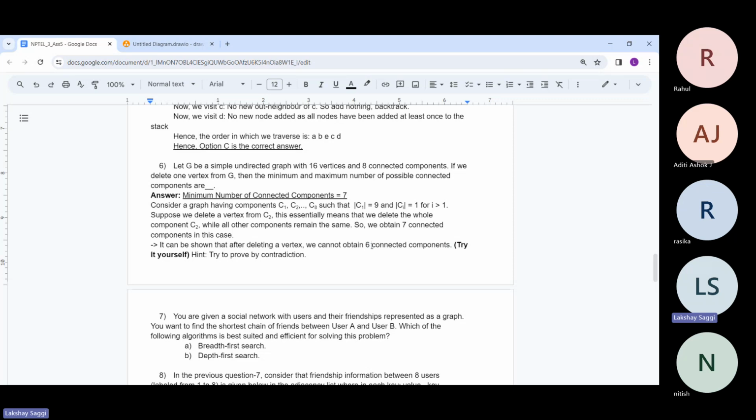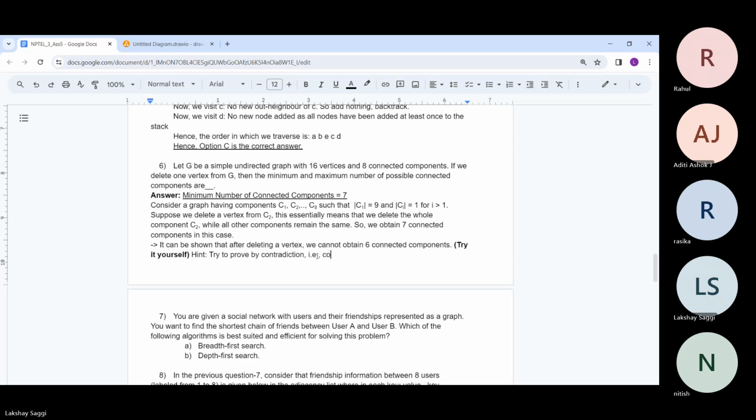Let's say the six connected components were C1 to C6, then we can check what were the possible connections of V to these components. If V had a connection to any of C1 to C6, then deleting V will not reduce the number of connected components. So V must have been a singleton component. But this would have resulted in only seven connected components initially, which is a contradiction to the eight connected components which we are given.